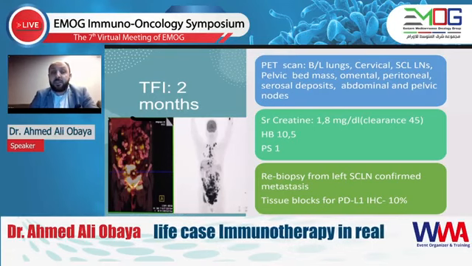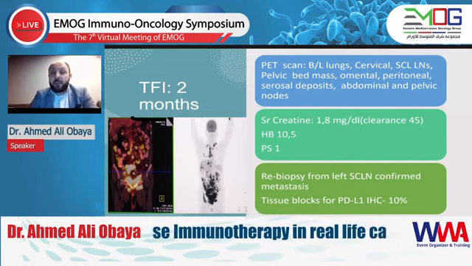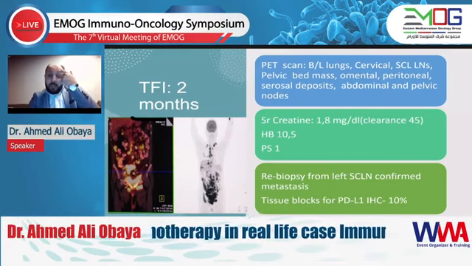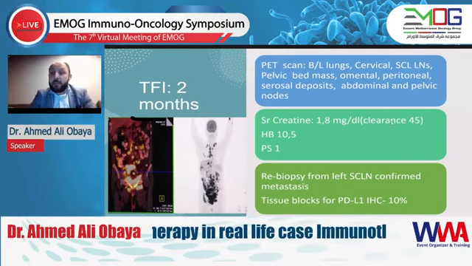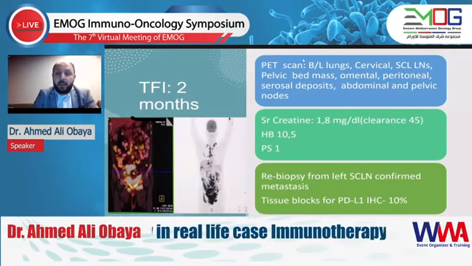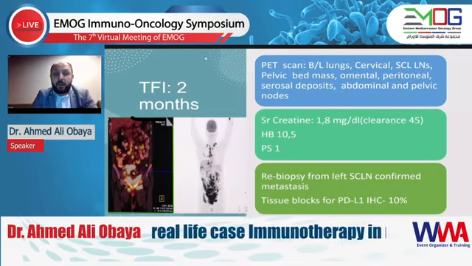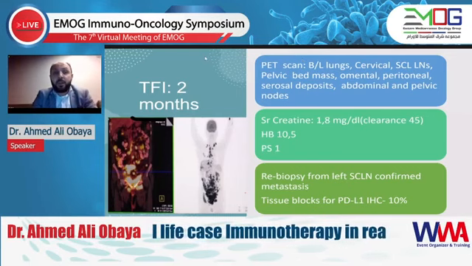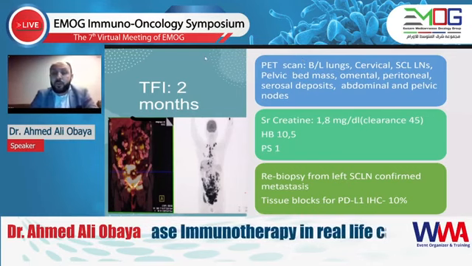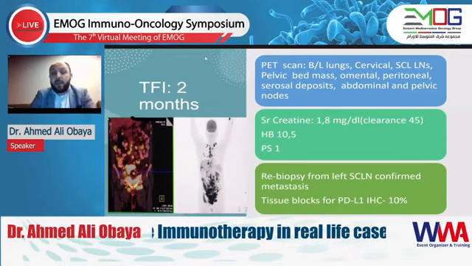Performance status is 1, hemoglobin level 10.5, serum creatinine clearance about 45. The first step in my practice for this case was a biopsy from the supraclavicular lymph node, which confirmed metastatic urothelial carcinoma.